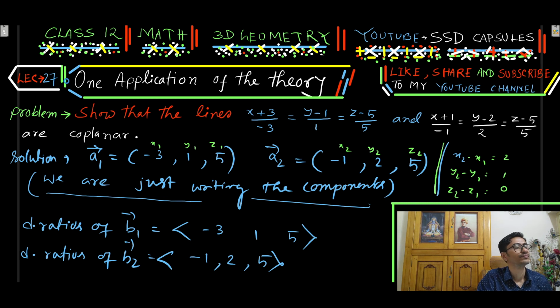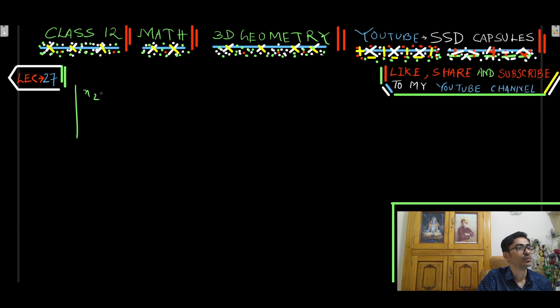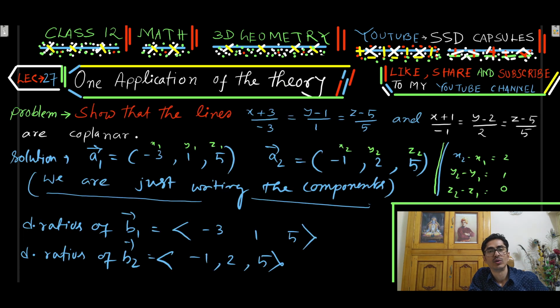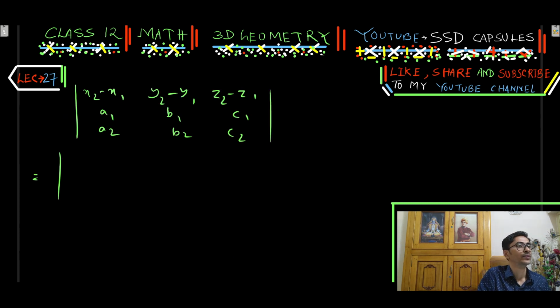So next page. We have the determinant of x2 minus x1, y2 minus y1, z2 minus z1, a1 b1 c1, a2 b2 c2. Previous page. These things we have already derived: 2, 1, 0.